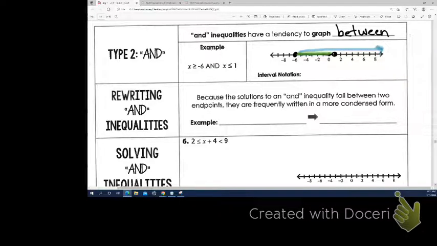Less than 1 goes this way. But this stuff in the middle is the only part that makes both of them true. And when it's AND, they have to both be true. So don't bother with going all the way both directions. We just want to shade the part that's between the 2 numbers, because that part satisfies both.